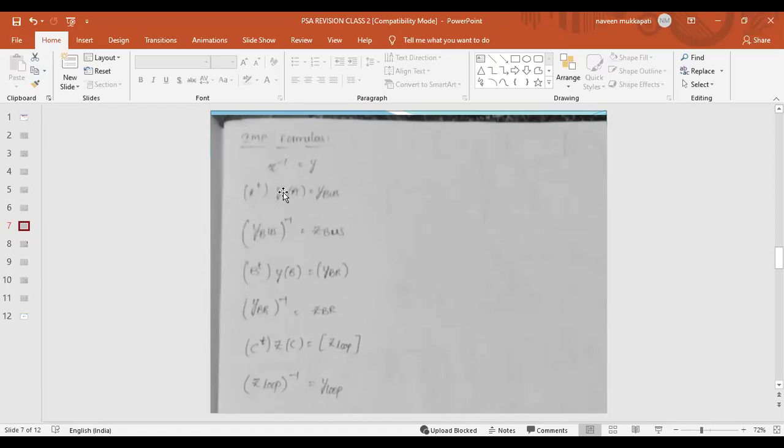After that we find the A matrix and A conjugate. Then we multiply A conjugate into Y into A, and we obtain the Y bus matrix. This is the first method for the formation of the Y bus matrix using oriented graphs.